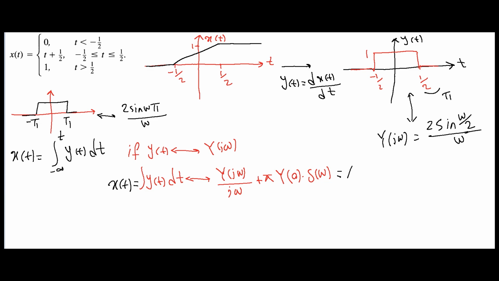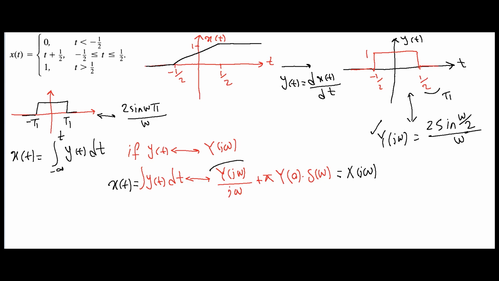But the integral of y(t) is exactly x(t). So X(jω) becomes Y(jω) divided by jω plus π Y(0) δ(ω).